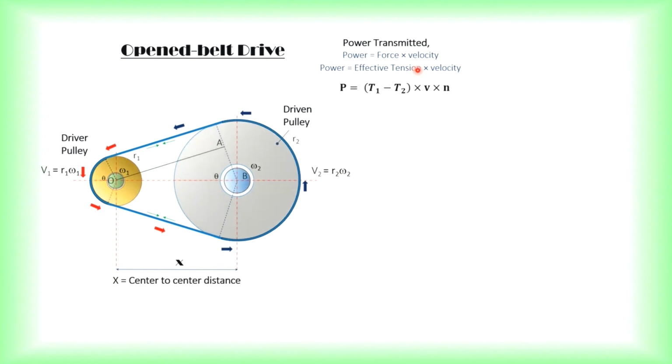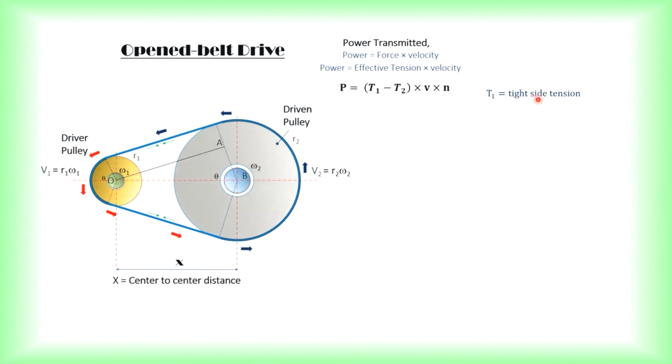So the effective tension is given as the tight side minus the slack side, the maximum tension minus the minimum tension, multiplied by the belt velocity, which is R omega, and multiplied by N. This N here is the number of belts in the belt and pulley drives.